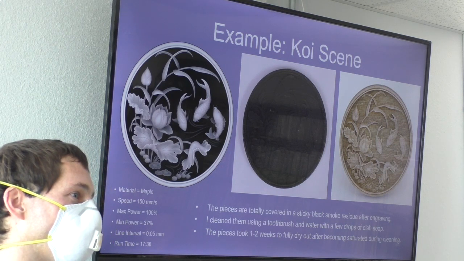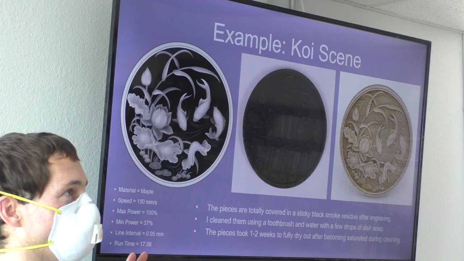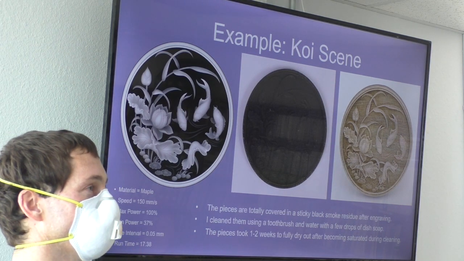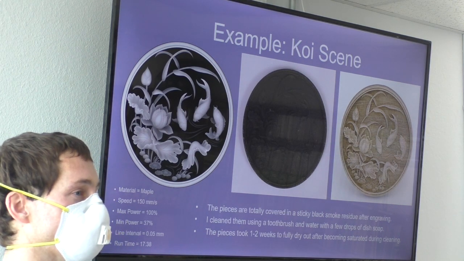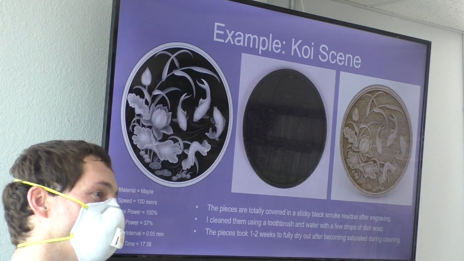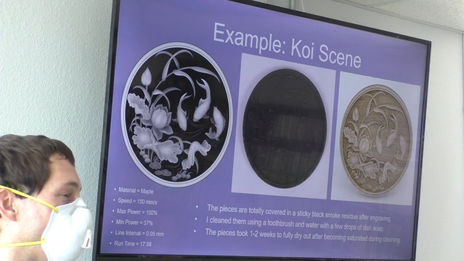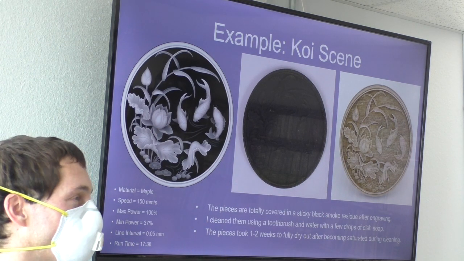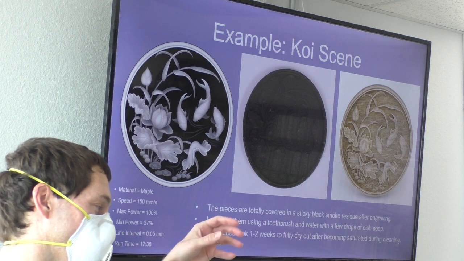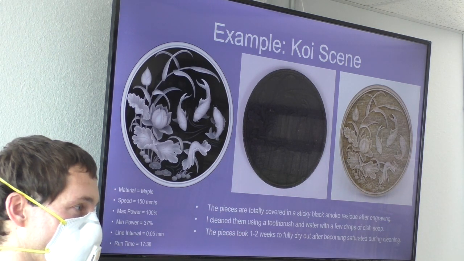But if you go through with a second pass, now you've got all this char that's built up and goo, for lack of a better term, and it's not consistently thick. You've got the air that's being blown, and it's going to push it into crevices, and it's not going to be uniform everywhere. So on the second pass, the laser's not encountering uniform material, so you're going to have a non-linear cut, basically. You're going to end up with a weirdness to it.